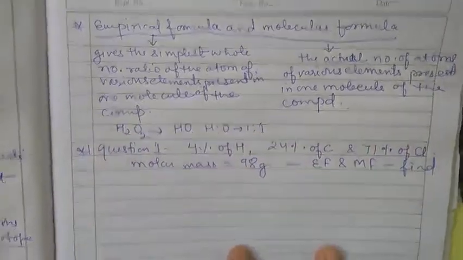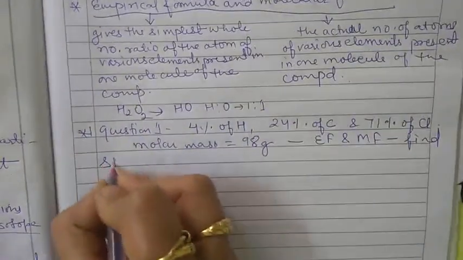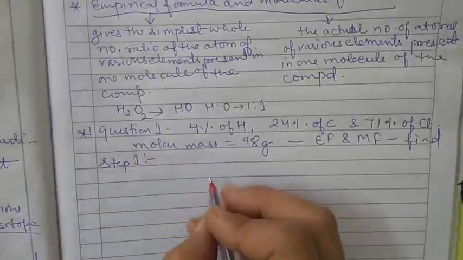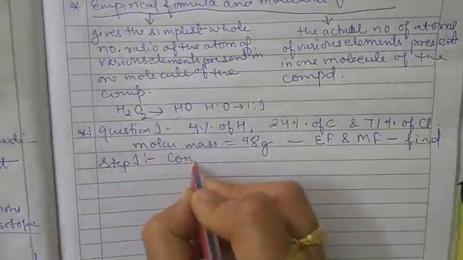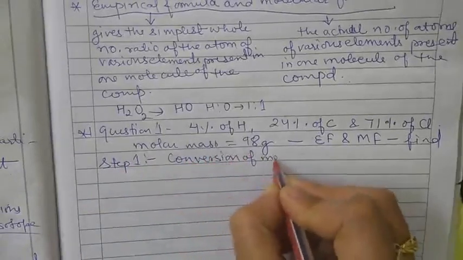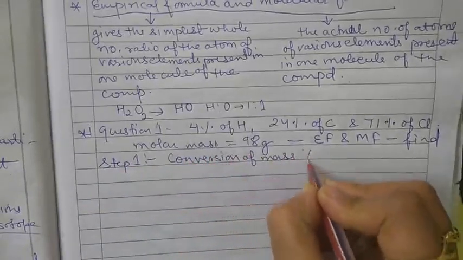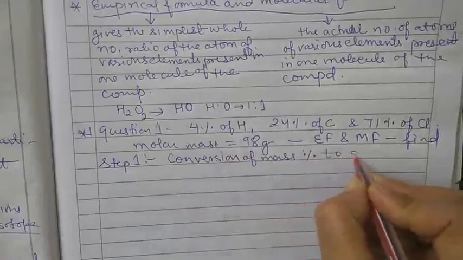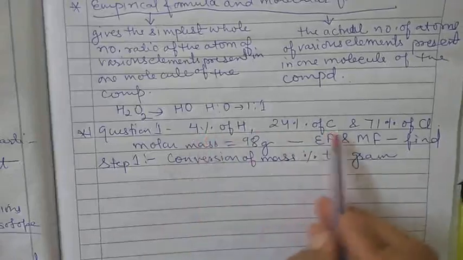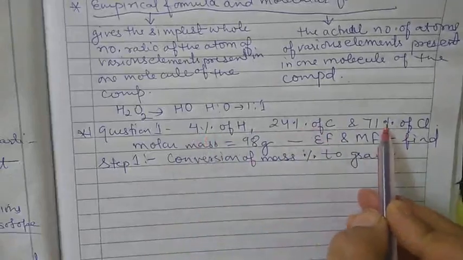Okay. So step 1. In this step, the first is conversion of mass percent to gram. So you have to convert the percentage sign to gram.